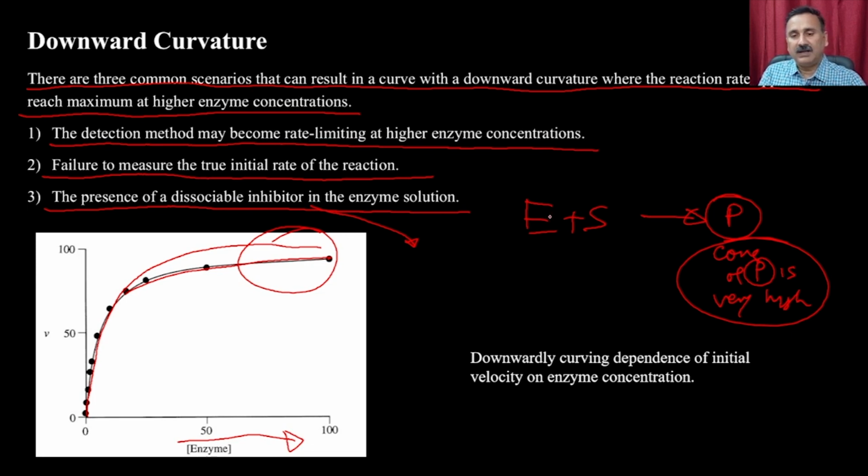Now, whether you are getting the upward curvature or the downward curvature, the enzyme is going to show you activity, which means that the enzyme is converting the substrate into the product. The question is how you are going to express this activity and how you can use that information for determining other parameters.